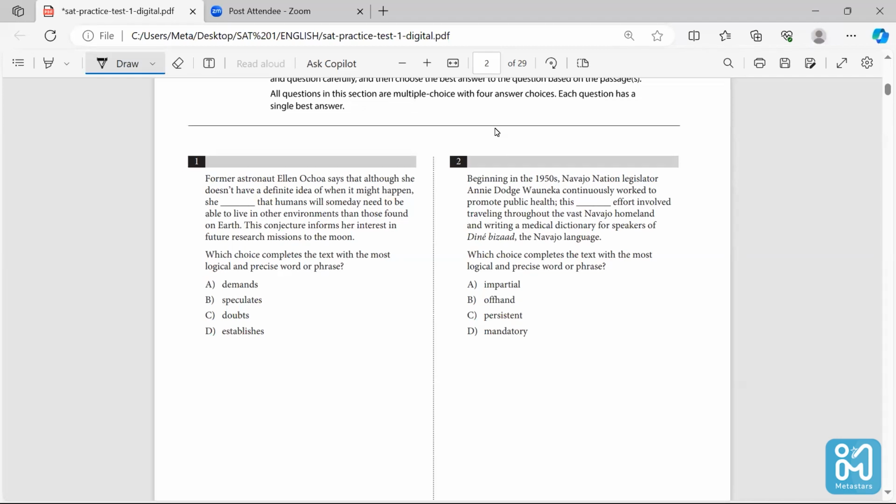Now, what's good about this digital form of the SAT one exam is that we have short paragraphs to deal with, not like the old paper one, which had long paragraphs you had to deal with within a short time.